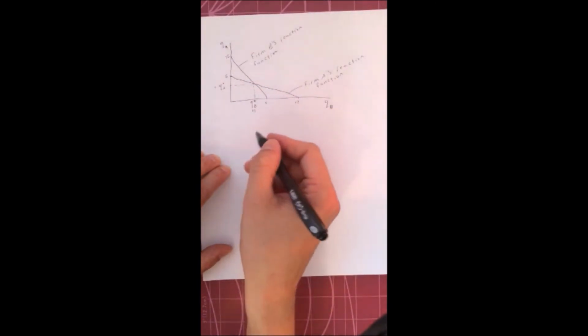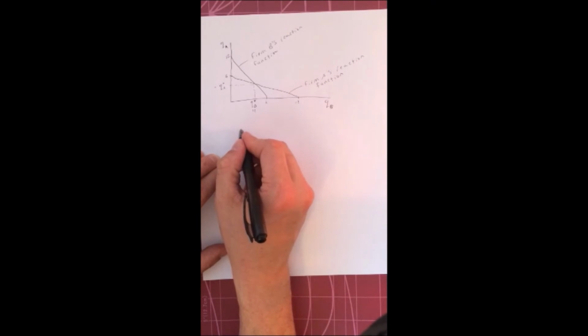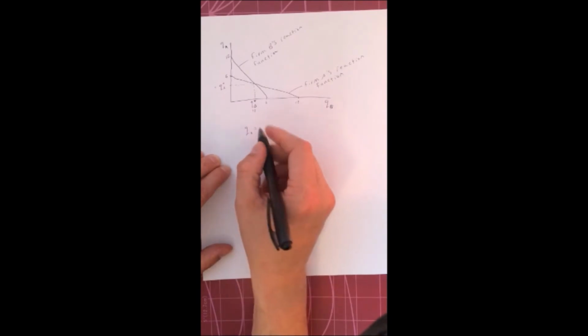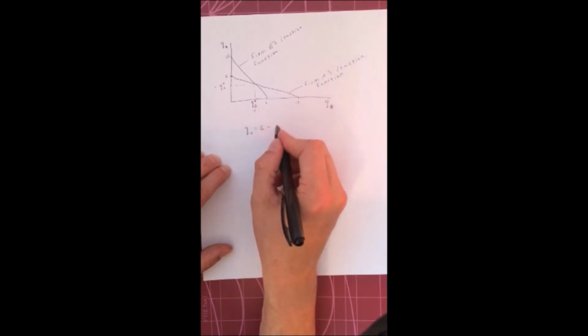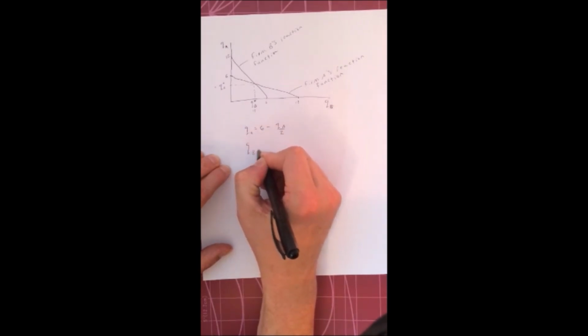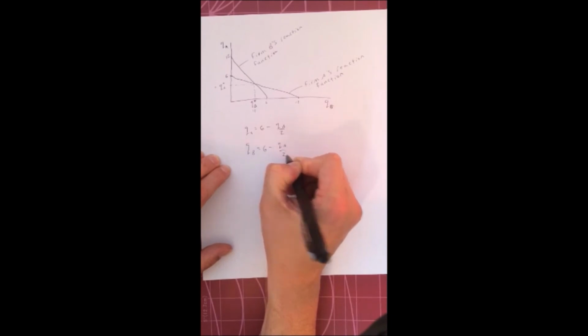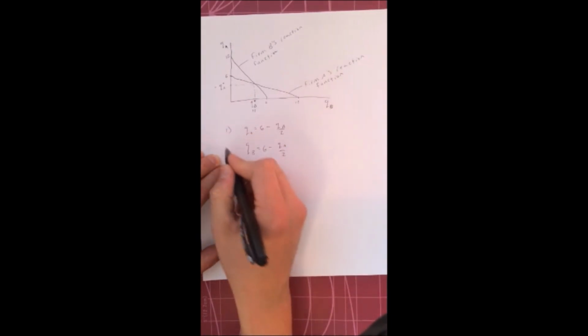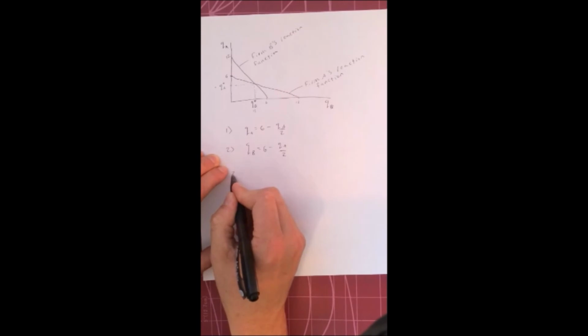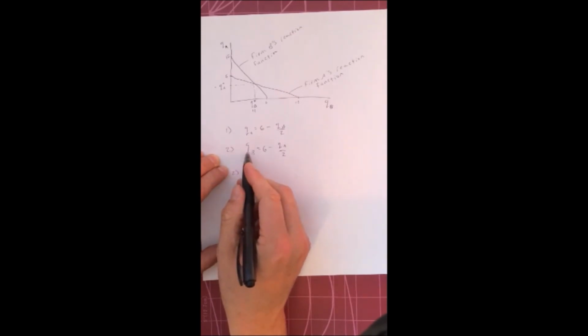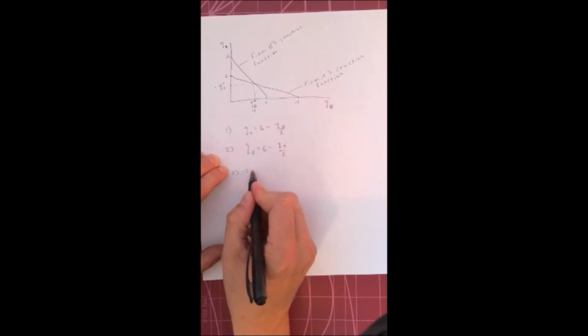Okay, so I'm going to write my reaction functions back out and use simple substitution to solve for the equilibrium values. So firm A's reaction function is this, and firm B's is this. Okay, so I'll call this 1, I will call that 2. I'll substitute 2 into equation 1: I'm going to take QB and put it in here.